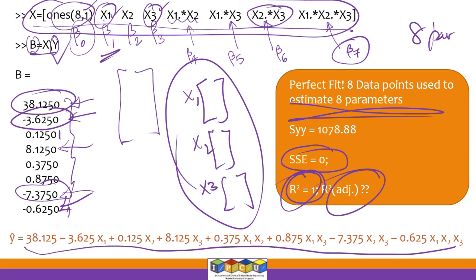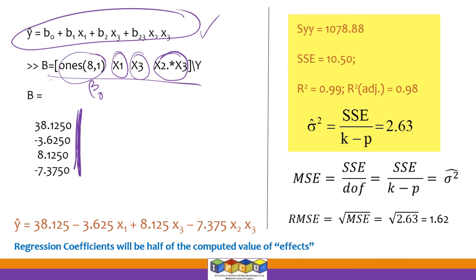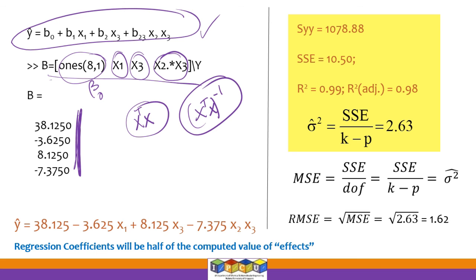The reason being, because this is a planned, well-designed experiment, your X transpose X matrix is diagonal. And because X transpose X is diagonal, X transpose X inverse is also a diagonal matrix. So that is the nice thing when you do properly designed experiments like a factorial experiment. All right, these matrices have nice properties. And because this matrix is diagonal, sigma squared root of ci, right?